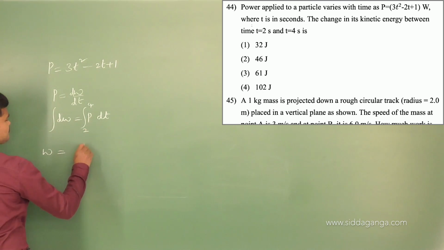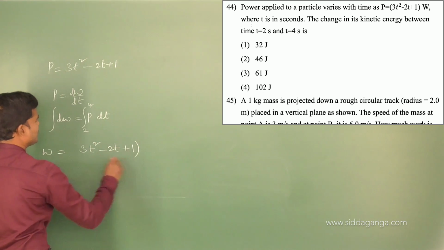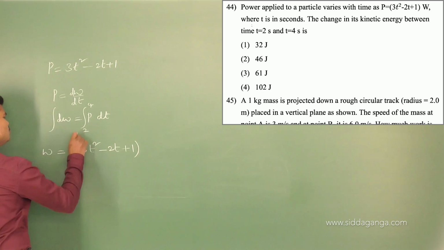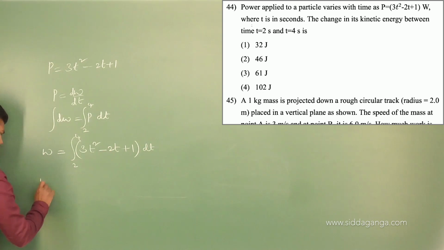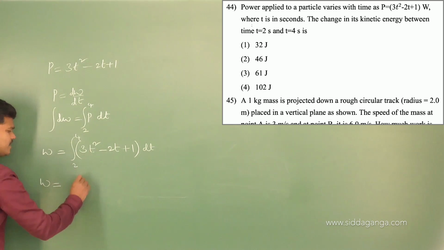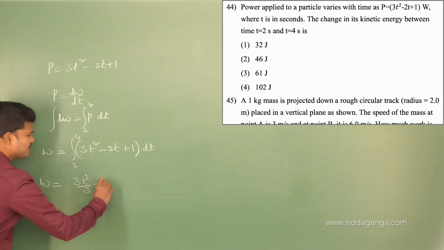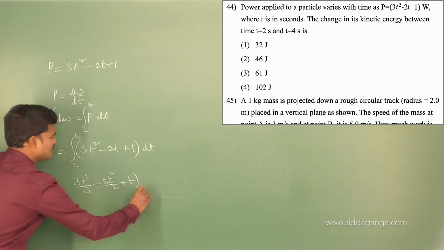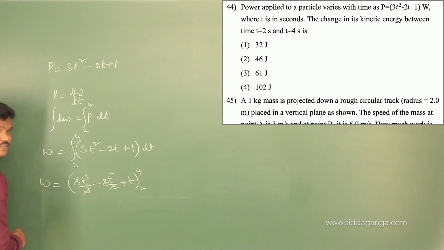So power is 3t square minus 2t plus 1, from 2 to 4, dt. This w, let me write at the end. 3t square gives 3t cube by 3, minus 2t square by 2, plus t, from 2 to 4. The 3s and the 2s get cancelled, and this is nothing but kf minus ki.